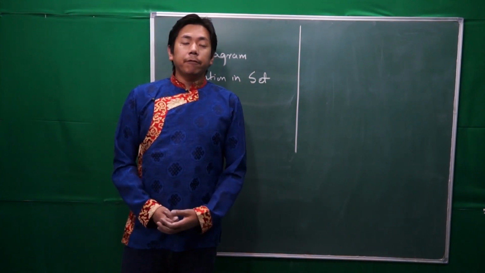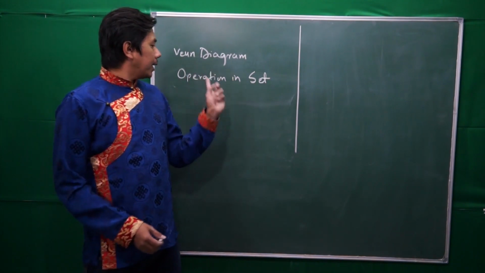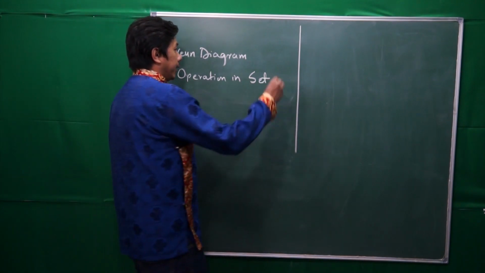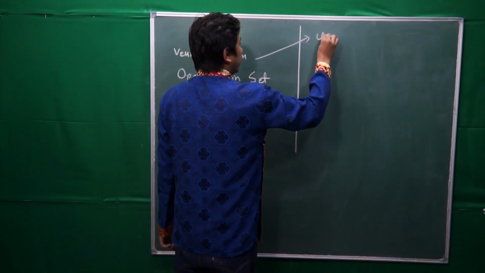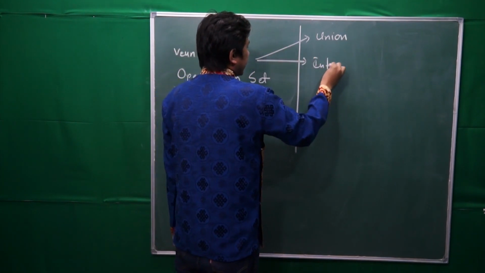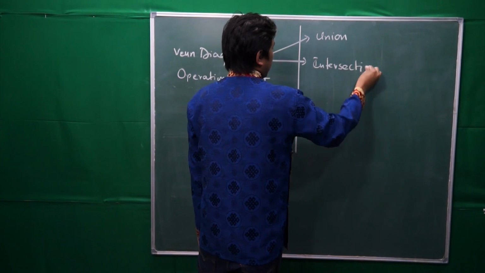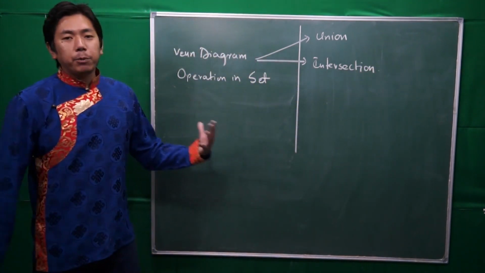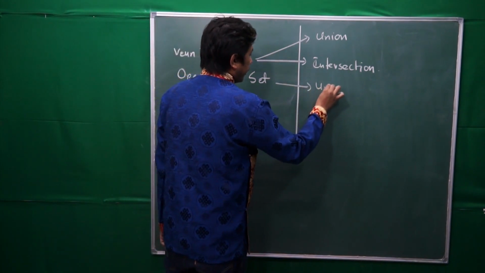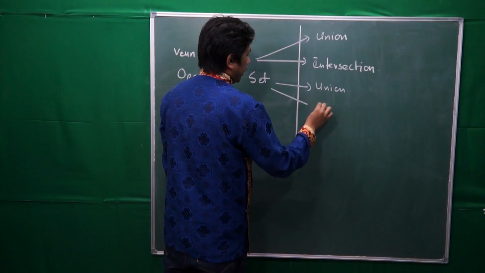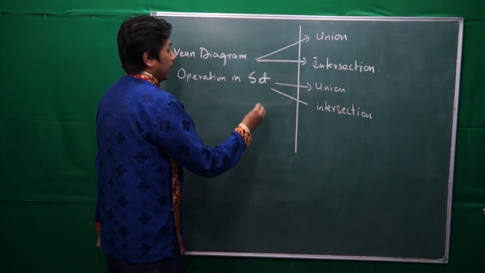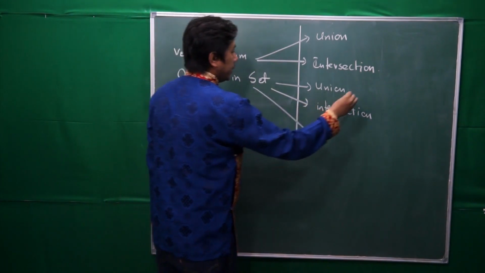So in this way we have completed both the topics, which are Venn diagrams and operations on sets. You can clearly see that with a Venn diagram we are easily able to represent union, intersection, and certain operations as well. All right, so what are the operations that we did? We did union, we did intersection, and what was the symbol for union?